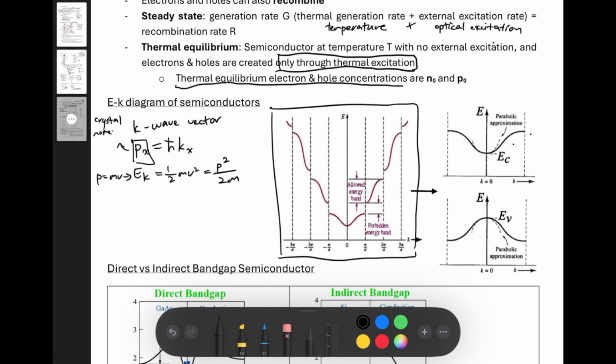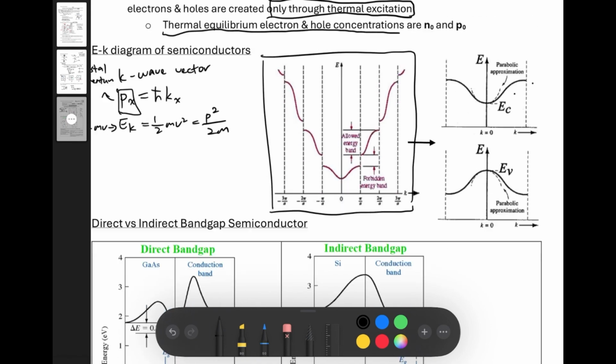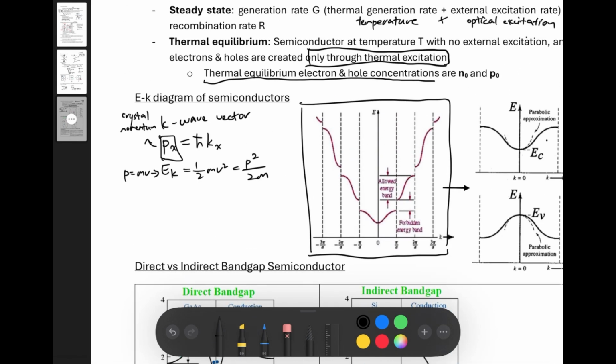I'm not covering anything in the appendix or not tested here, but the crystal momentum is equal to h bar, the reduced Planck constant, which is actually equal to the Planck constant divided by 2 pi, times the wave vector in the x direction.